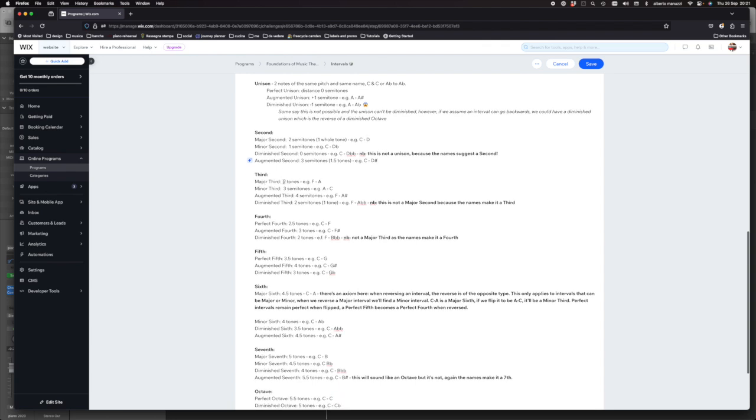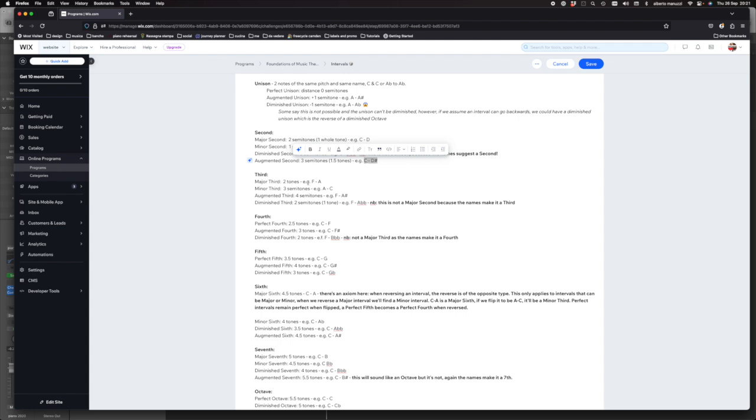Third: major third is 2 tones, minor third is 3 semitones, or 1.5 tones. Well, same as an augmented second, right? But again, C to D sharp is an augmented second.